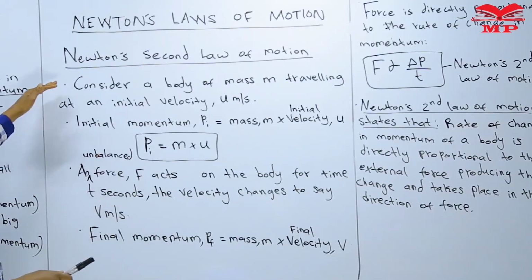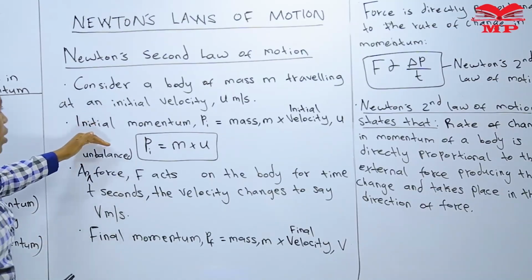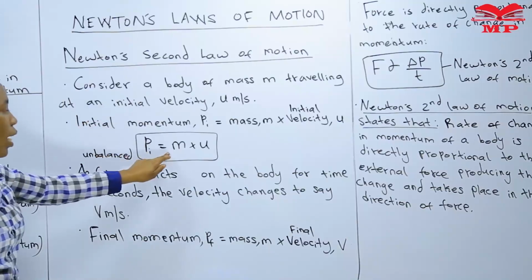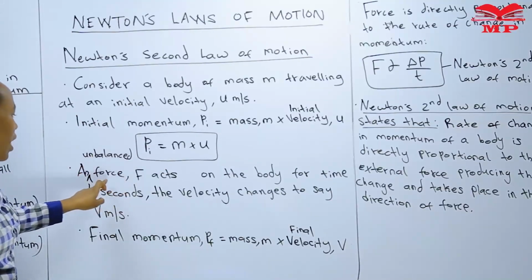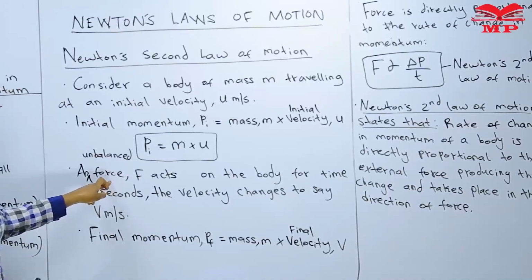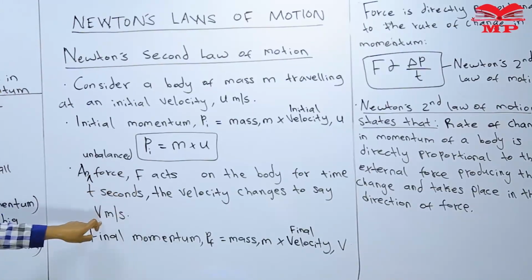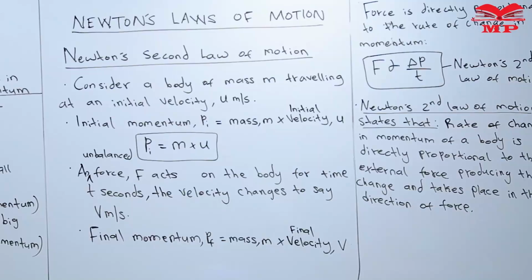So you can see where we are deriving Newton's second law of motion, whereby first we consider a body with an initial velocity u, so we calculate the initial momentum. Then when an unbalanced force F is applied on that body for a time t seconds and the velocity changes to v meters per second, we have the final momentum, which is mass multiplied by the final velocity.